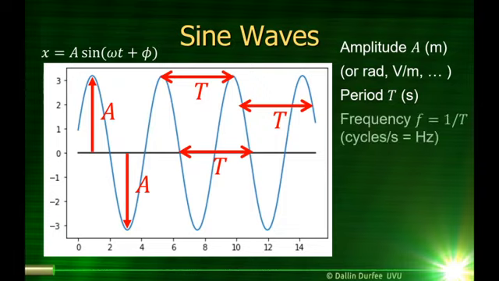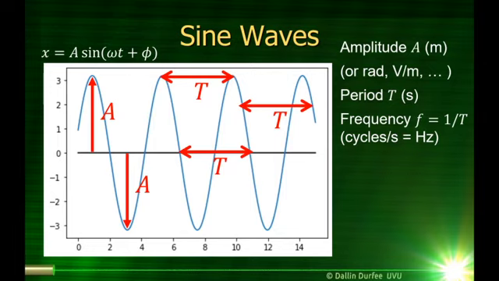Now, if I take 1 over the period, I get what's known as the frequency. The period has units of seconds. The frequency has units of 1 over seconds, or hertz. So if the period is the time it takes to do one cycle, the frequency is the number of cycles done per second.